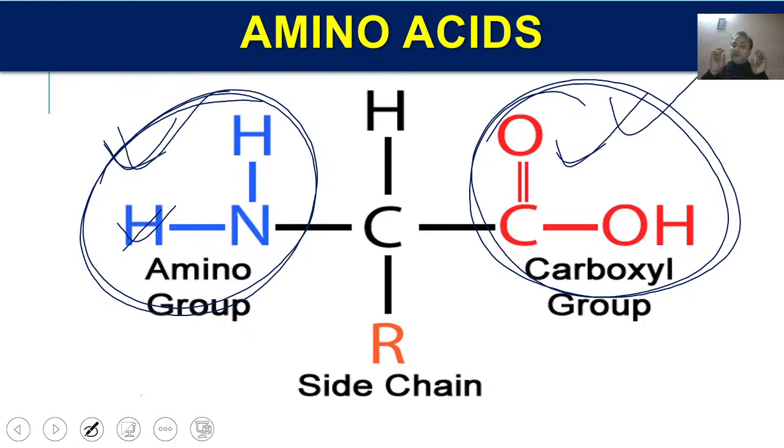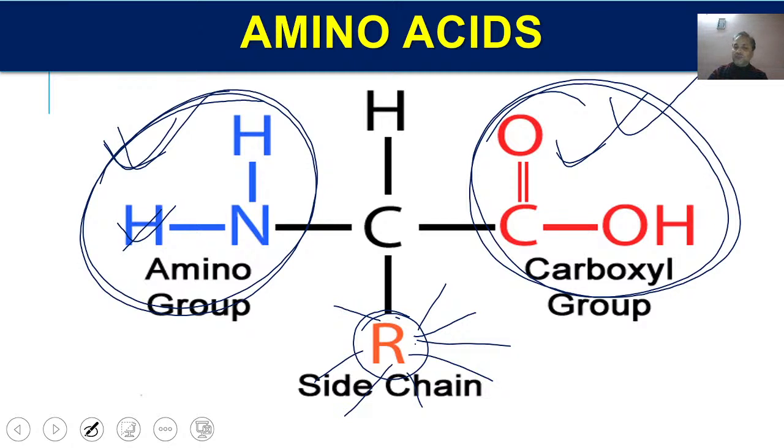Now all the 20 amino acids differ in their R group. So this is different, we have 20 different types of R group. Every amino acid behaves differently, and that is only because of their R group. Like some chemical reactions are shown by tyrosine, not by alanine or valine.